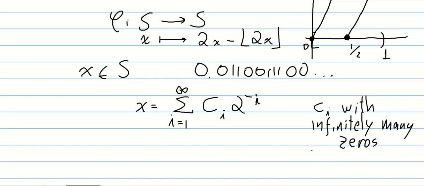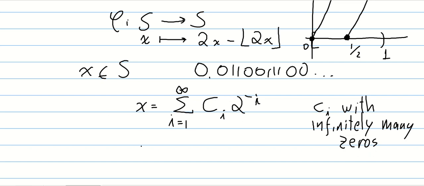If you have finitely many zeros, it means that from some point on it's just 1, 1, 1, 1, and that will give the effect that I just explained. So if you say c_i has infinitely many zeros, then the decomposition becomes unique. I'm not proving that this decomposition exists and is unique, just like I didn't prove that the Fourier decomposition exists and is unique, but this one is much easier to prove than the Fourier.